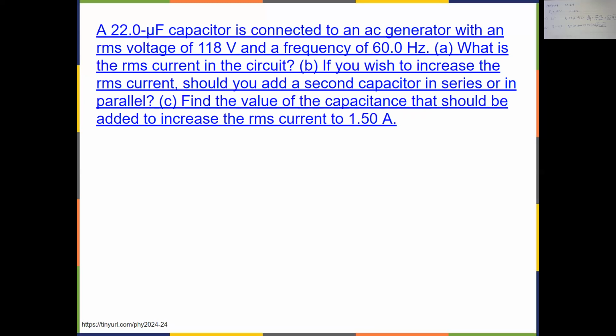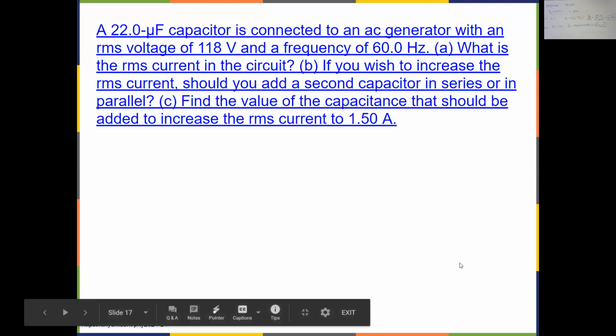It says, what's the RMS current in the circuit? And if you wish to increase the RMS current, should you add a second capacitor in series or in parallel? Find the value of the capacitance that should be added to increase the RMS current to 1.50 amps.